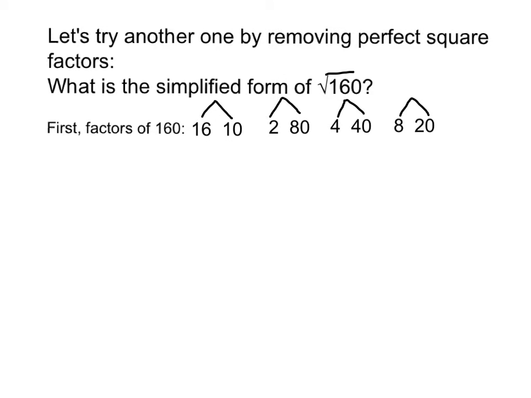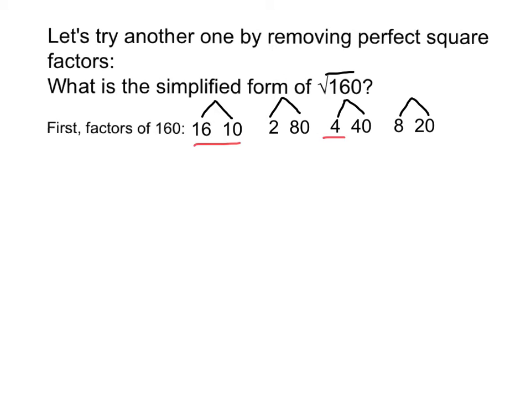Let's try another one by removing perfect square factors. So what is the simplified form of the square root of 160? Well, first we need to look at the factors of 160. We have 16 and 10, 2 and 80, 4 and 40, and 8 and 20. But as you notice, we have two sets of factors with a perfect square: 16 and 4. So which one do we choose?